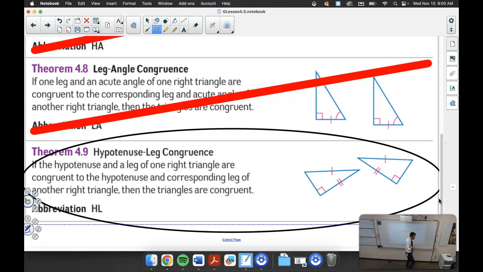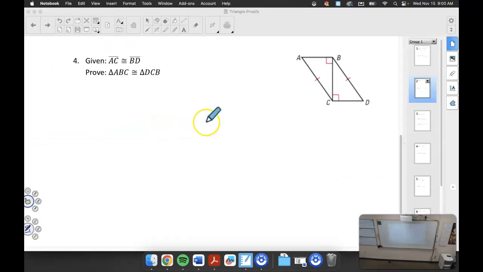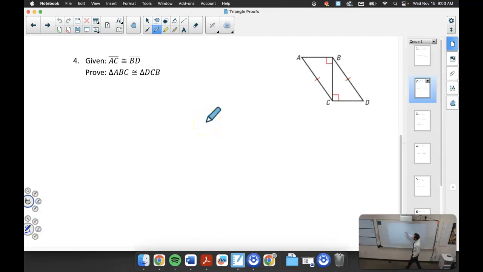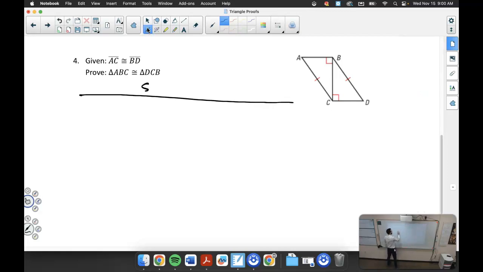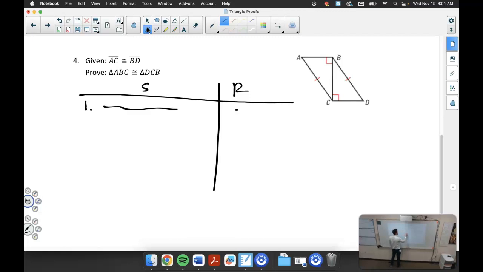So when we get to this proof right here, which we did briefly the other day in class: statement, reason. Step number 1, you're given information. Notice what they gave you was the hypotenuse of both triangles.